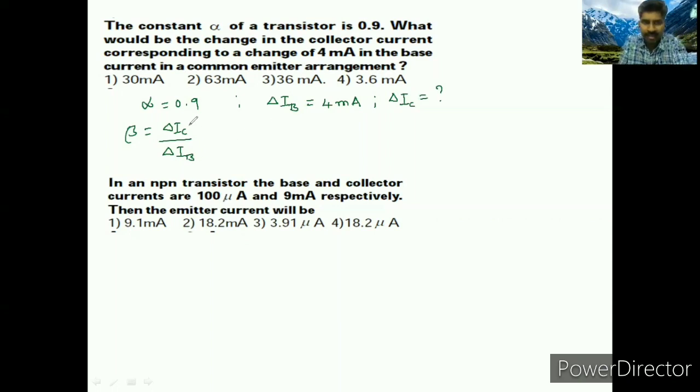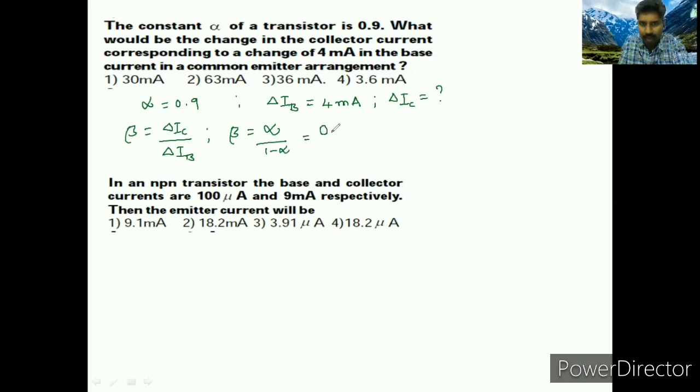Here the alpha value is given, but we don't know the beta value, and only then can we get delta IC. We have a relation between alpha and beta: beta is equal to alpha by 1 minus alpha.